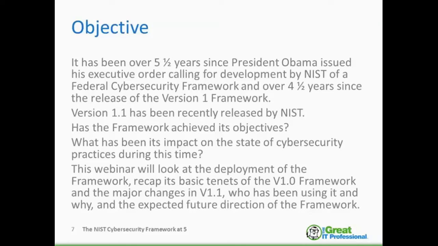Then we're going to spend a little bit of time looking at who's using it, what people have been doing with it, and how it's being applied. Then we're going to look a bit at version 1.1, and as I was finishing the slides up, the White House issued a national cybersecurity strategy, so I put that in here. And then we'll have a couple slides of wrap up.